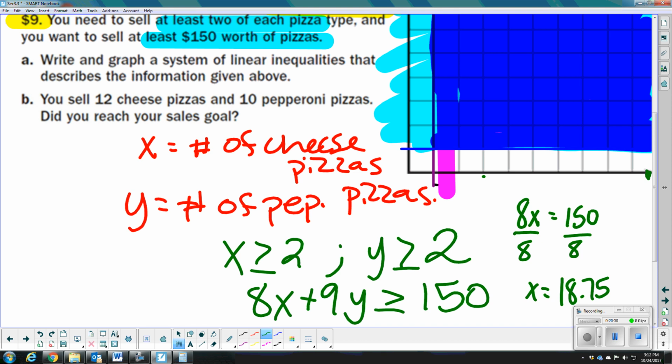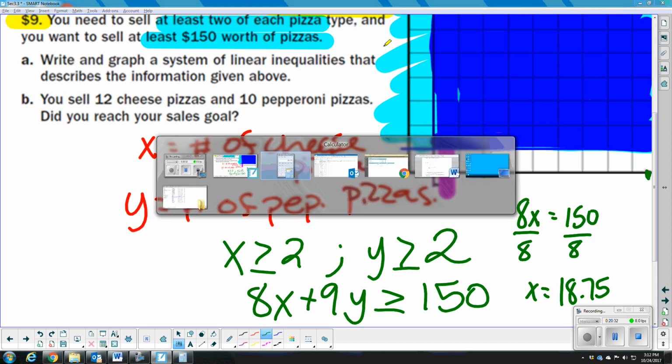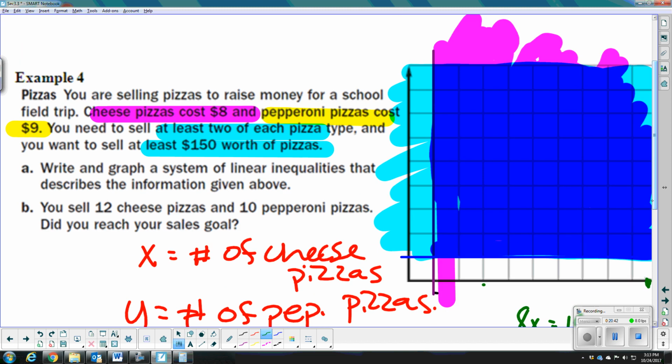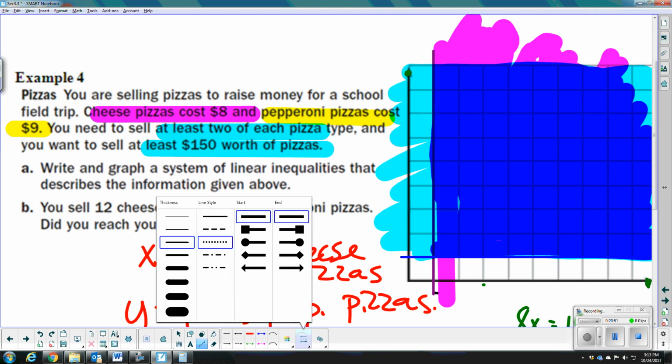And then I'm going to do the same thing with my y-intercept. 9y equals 150. So that's 150 divided by 9, which gives me 16 2/3. That's my y-intercept. So that's about right here. And I'm now going to connect those 2 points to form my line.